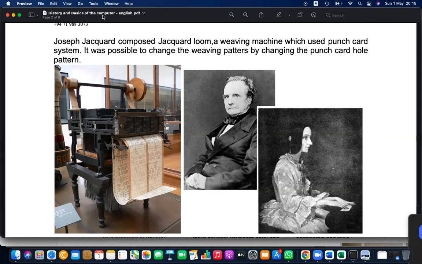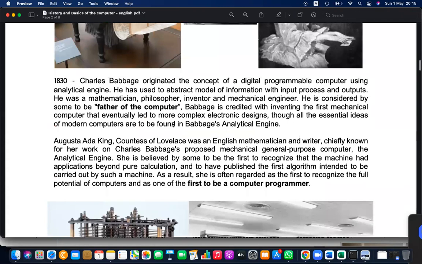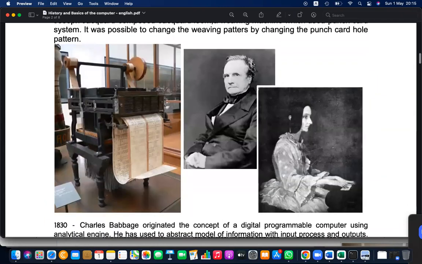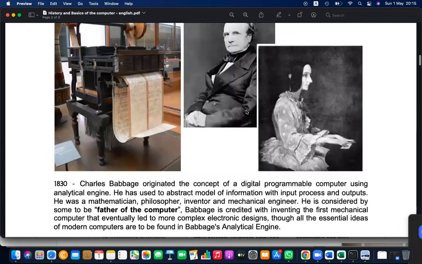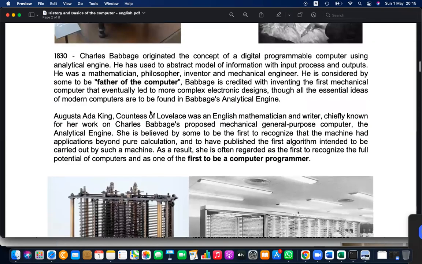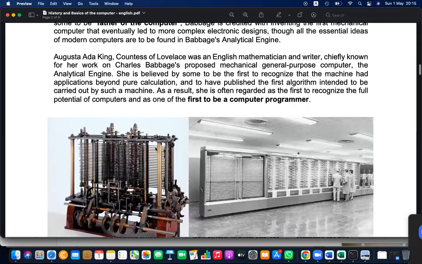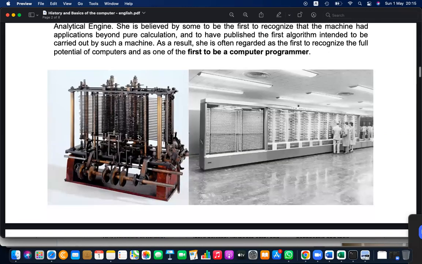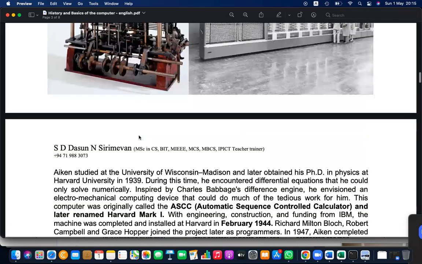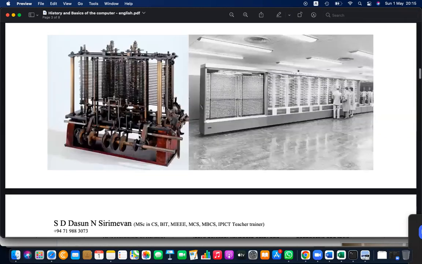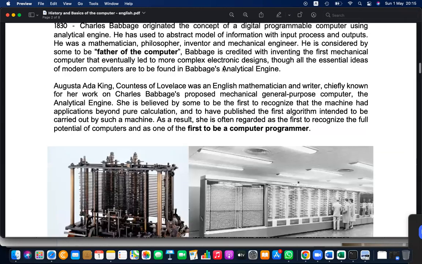So Charles Babbage, father of computing, he invented not a computer, it was just an engine, right? But this engine was leading to a computer. You can see his engine. This is called the analytical engine. It was not a computer, but just an engine. But the engine was used later.